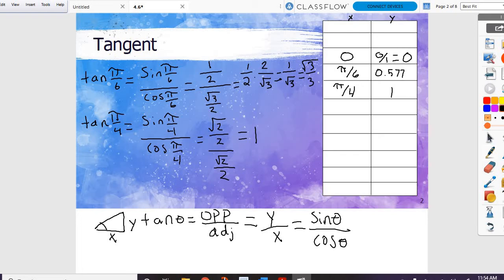Alright, so next up is going to be pi over 2. Remember that this time, my sine and my cosine have switched from what they were at 0.